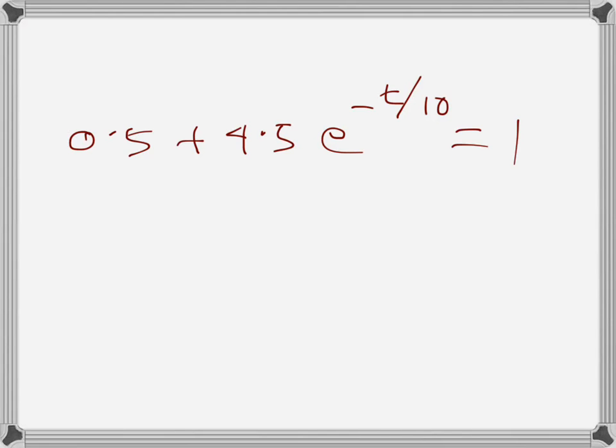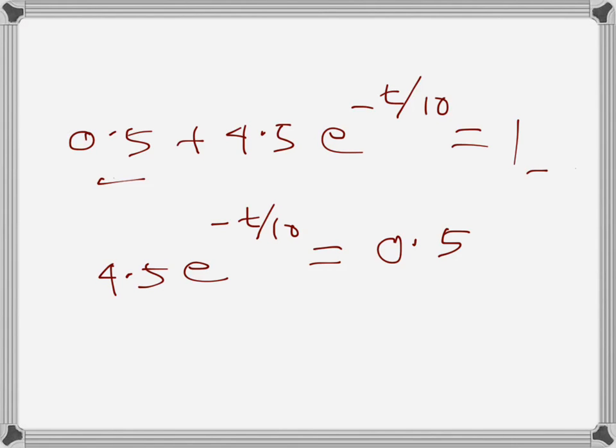So this is 0.5 plus 4.5 e to the power minus t over 10 is equal to 1, or 4.5 e to the power minus t over 10 equals, this 0.5 goes on the right hand side and gets subtracted from 1, so it becomes 0.5, e to the power minus t over 10 is equal to 0.5 over 4.5.